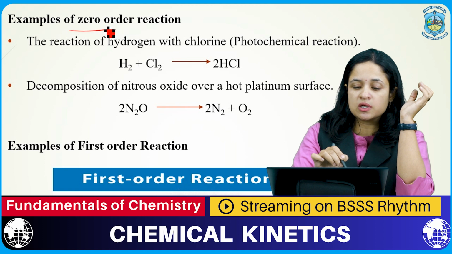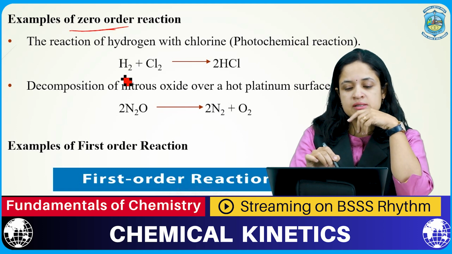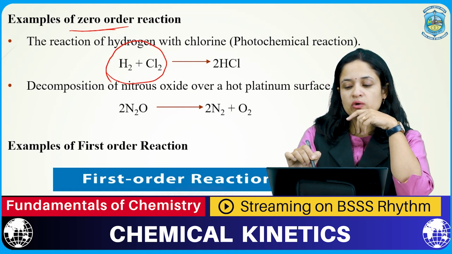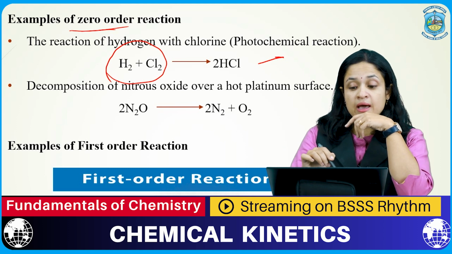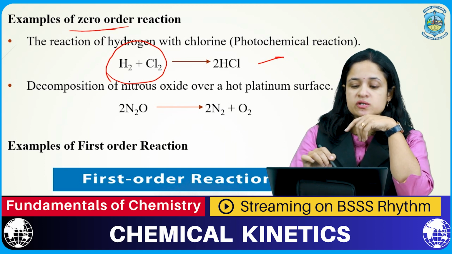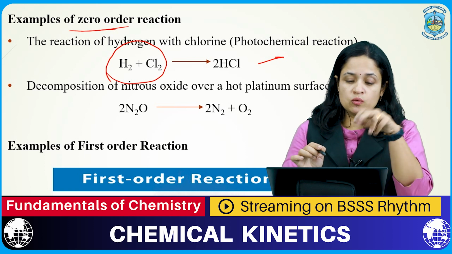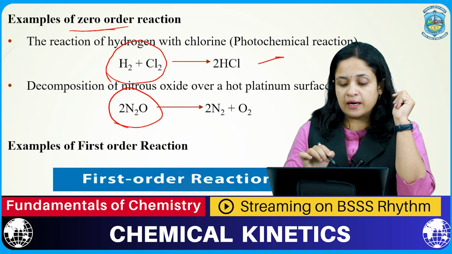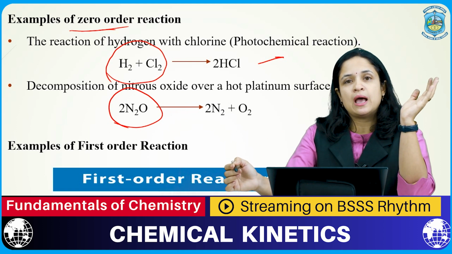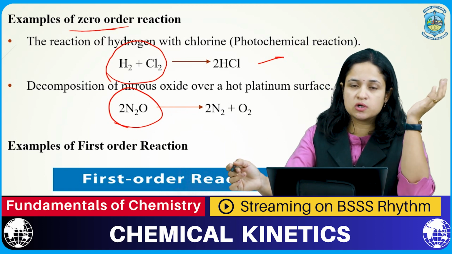An example of a zero order reaction which I have taken here is the combination of H2 and Cl2 to give hydrogen chloride. Zero order means the rate of this reaction is not dependent on any of the reactants, not on H2 and not on Cl2. The decomposition of nitrous oxide to give nitrogen and oxygen is also an example of a zero order reaction.